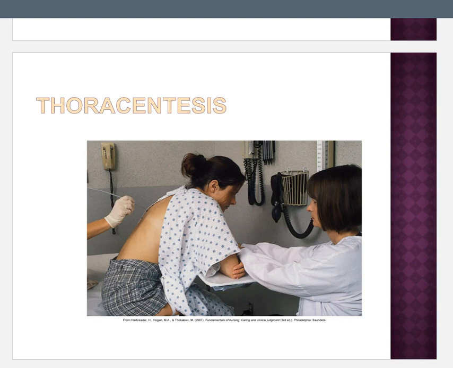They might use an 18 to 25 gauge needle. The book talks about not removing more than 1,000 milliliters, but I've seen physicians remove a lot more than that. Sometimes they're worried about mediastinal shifts, but it just depends on what the purpose is and the physician and what his philosophy is concerning how much to remove.